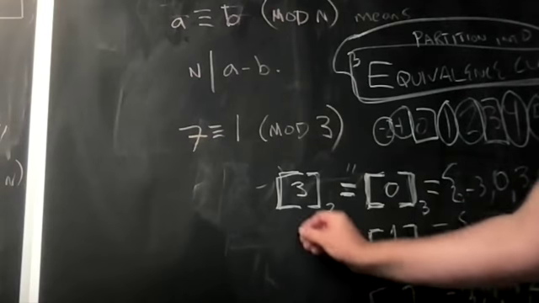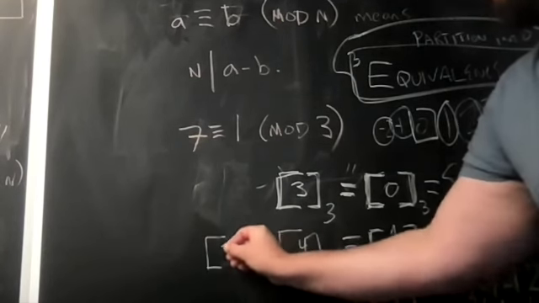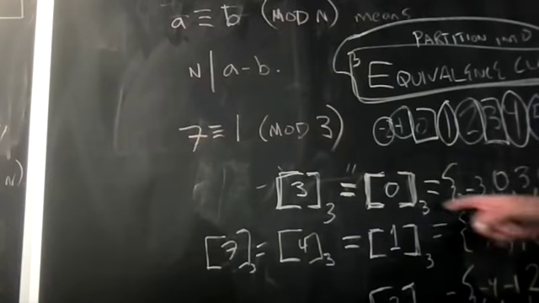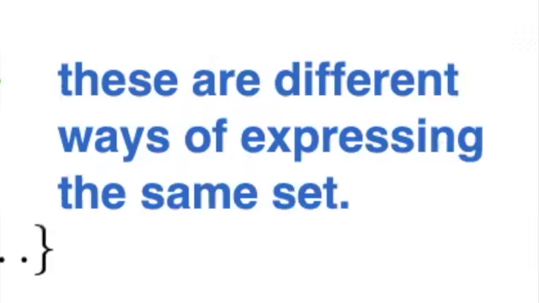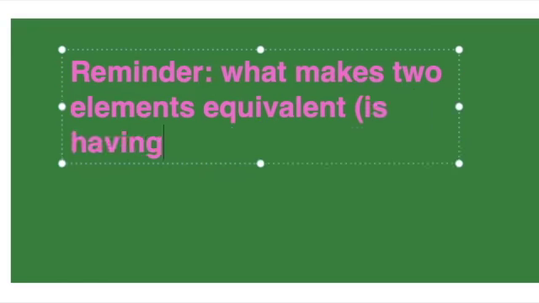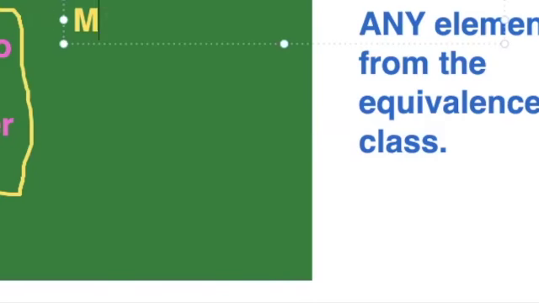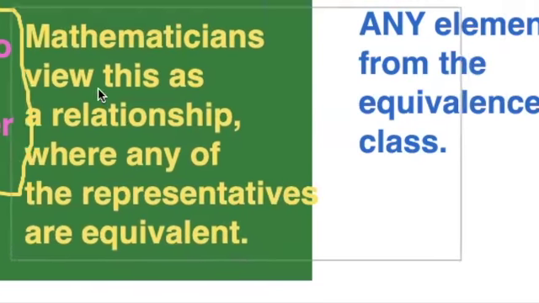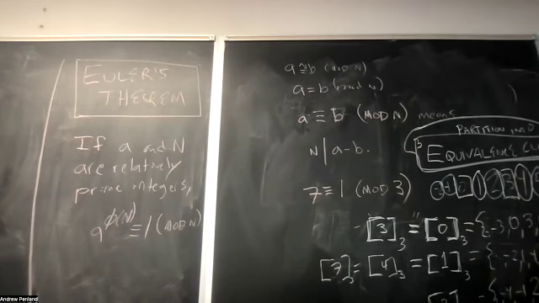And here they could have chosen 4 to be the representative, or they could have chosen 7 to be the representative. Do you follow me? So all of these things are equivalent.